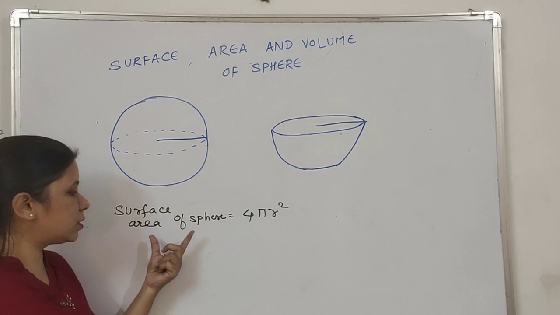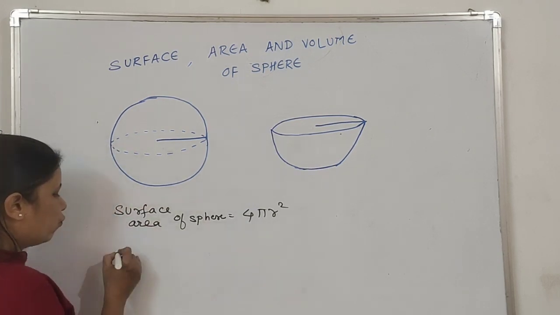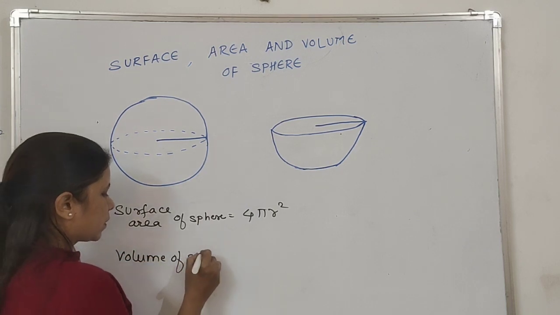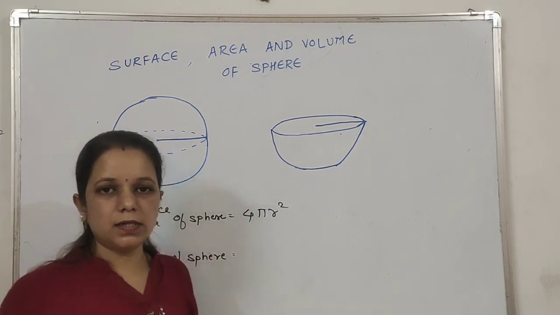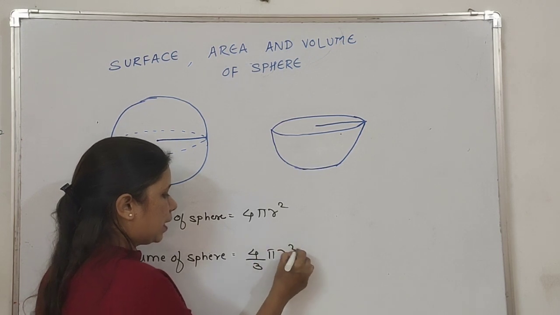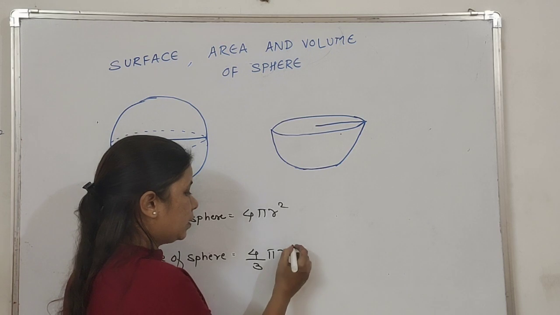Okay, so this is the surface area of a sphere, and the volume of a sphere is given by the formula 4 by 3 pi r cube. Okay, 4 by 3 pi r cube.